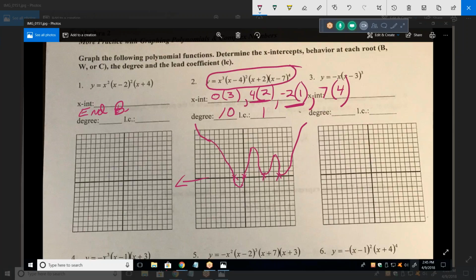Because I don't know how they expect you to draw it without knowing end behavior. Is that a term you even know? Yeah. Okay. Yeah, you would have to. Because the other alternative for this thing would be if the end behavior went like that, and then it would go like this.